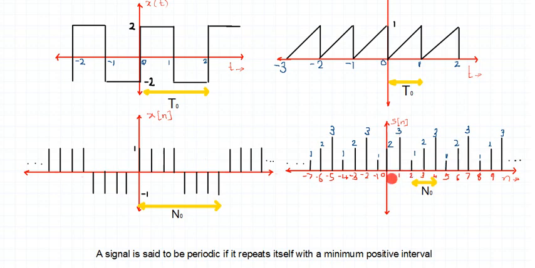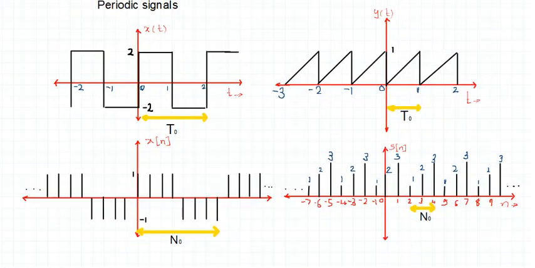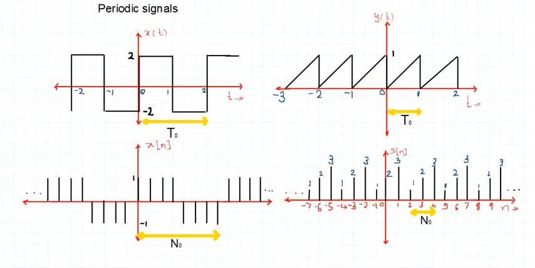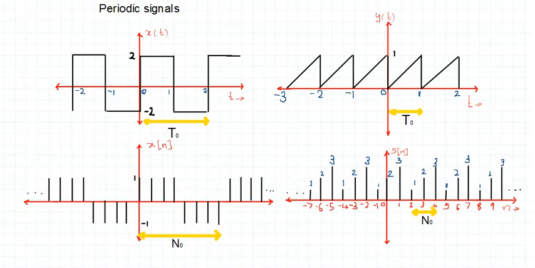So summarizing all these 4 examples, can we now come to the title of the topic, which is periodic signal? Can I now relate the title to these examples? Yes, I see that these signals are repeating and hence I call such signals periodic signals.